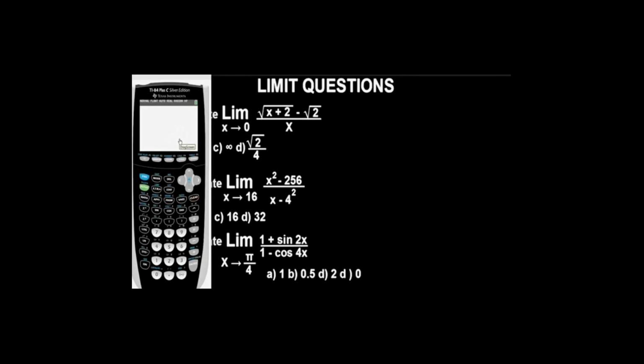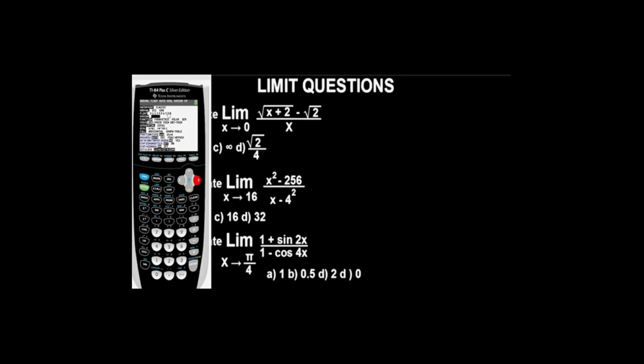By default, this calculator used to be in radian mode, but if yours happens to be in degree, all you have to do is press the mode button, then go down with the navigation button. Under this place, if I go to the right, I will say degree.